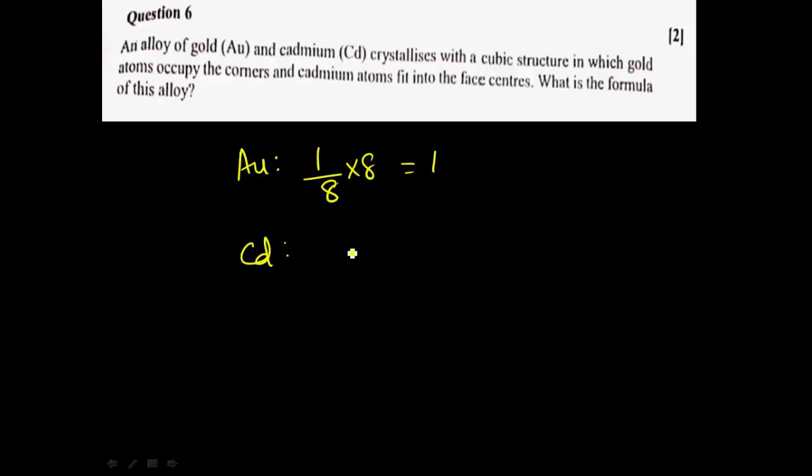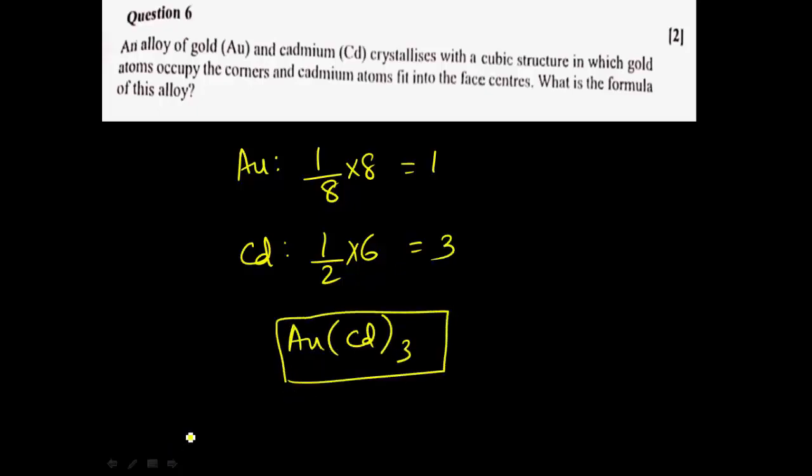And about cadmium, it says that cadmium atoms fit into the face centers. So we have 6 faces, so we have 6 atoms at the face centers, but the contribution of each face center atom to the unit cell is half. So we have half times 6, which is equal to 3. So the formula of this alloy is AuCd3. This is the answer. Next.